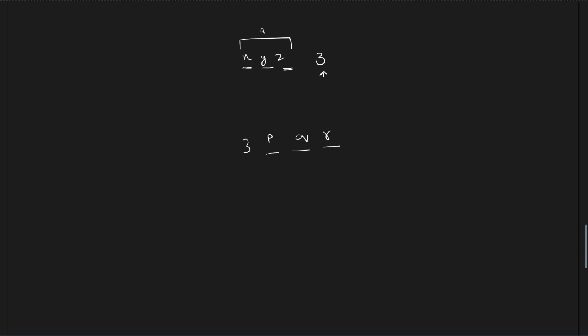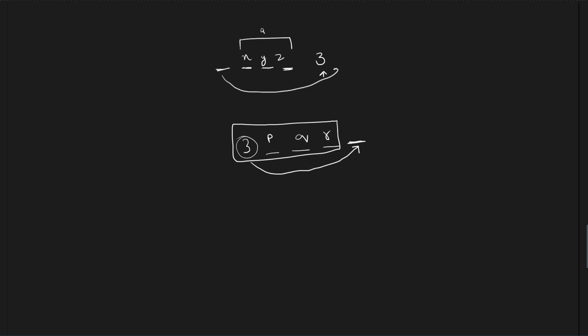So if I consider that this is the value added in array B, these are the original 3 values in A and this is the value added later on, then I can say that from this position I can jump to this position, because these elements belong to a single segment in array A. Similarly, if this 3 has 3 elements before it, then from this position I can jump to this position, because this would be considered a single segment in array A. So this is exactly what I have to do in my question.